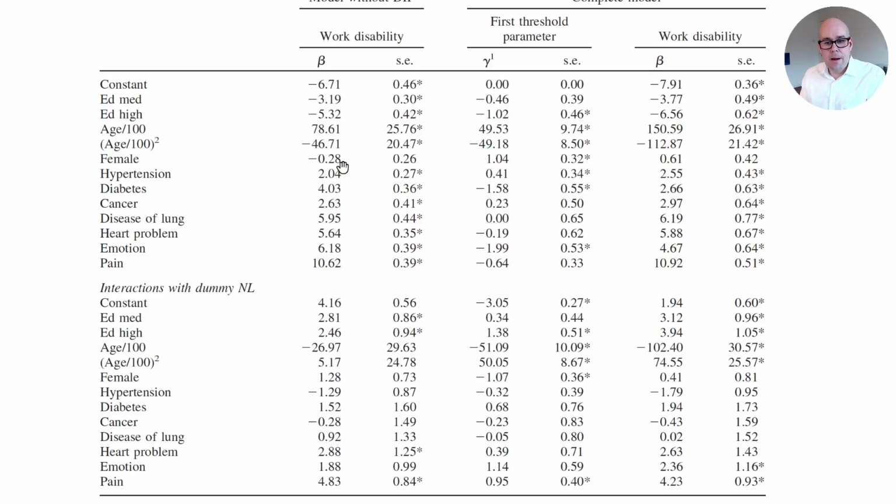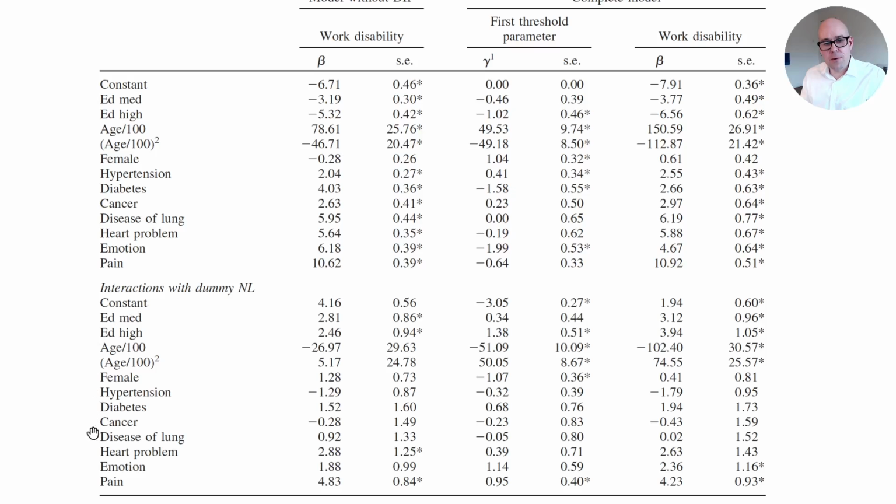In the Netherlands, there is an interaction between female and a dummy for the Netherlands. In the Netherlands, the report on work disability is slightly more likely to be disabled to go to work, but again, it's not significantly different from zero, right?